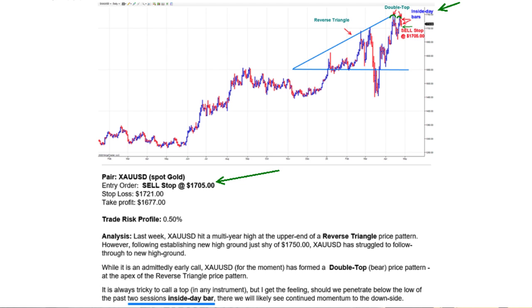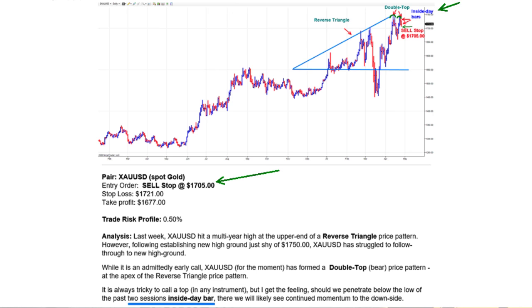And at the apex of this reverse triangle, you also have this double top price pattern, similar to what you had in the Dow Jones. And I'm a little bit early. They usually say you should wait to confirm these double tops or bottoms, but I can literally see these things forming in my sleep. And then it's the price action that starts confirming whether this is going to happen or not. And when I sent the email out a couple of days ago, there were 2 inside day bars.